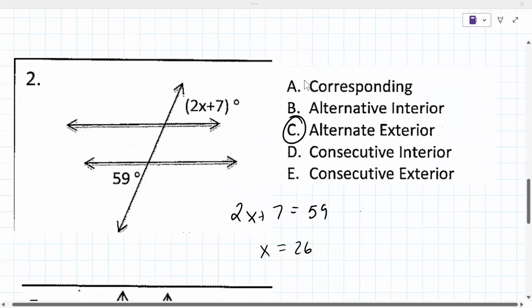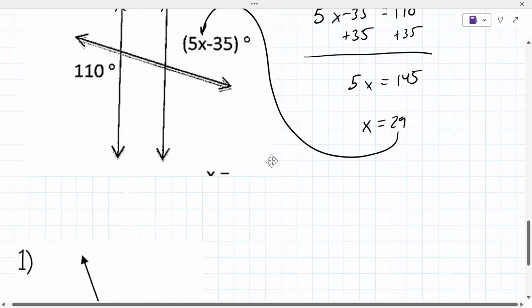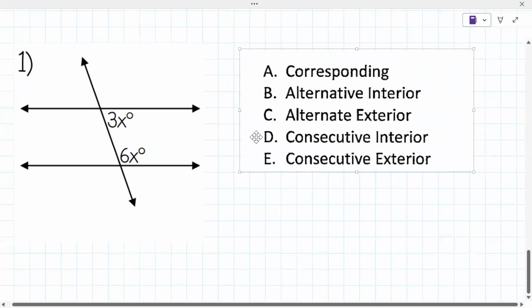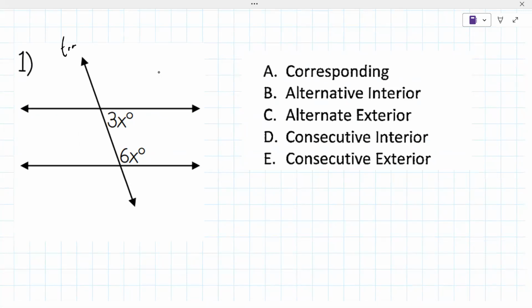I don't remember the one you said, because in my class we said it a different way. Okay. There are a couple of ways to say it. There are two things to think about: where are they, in the interior or exterior? And the other is how do they relate to this transversal? Are they on both sides of it or on one side of it?